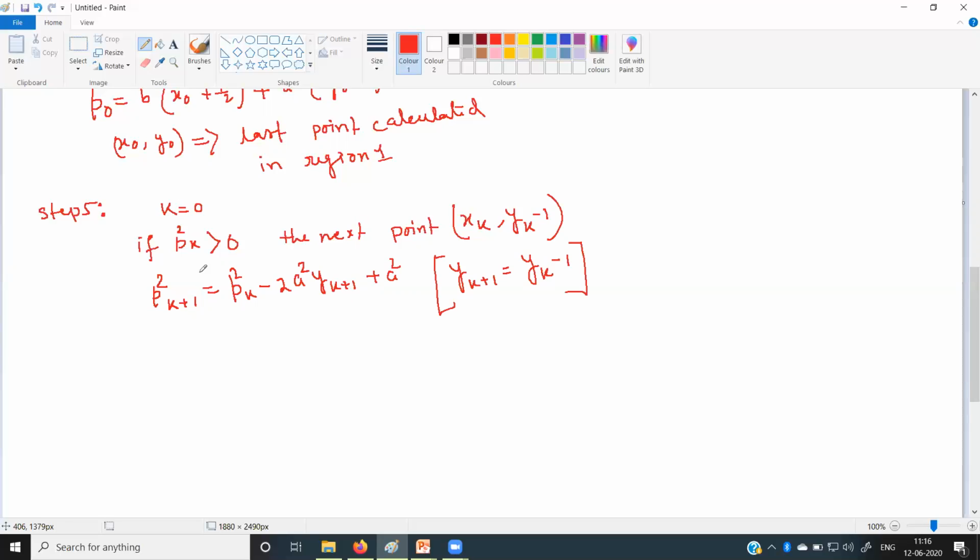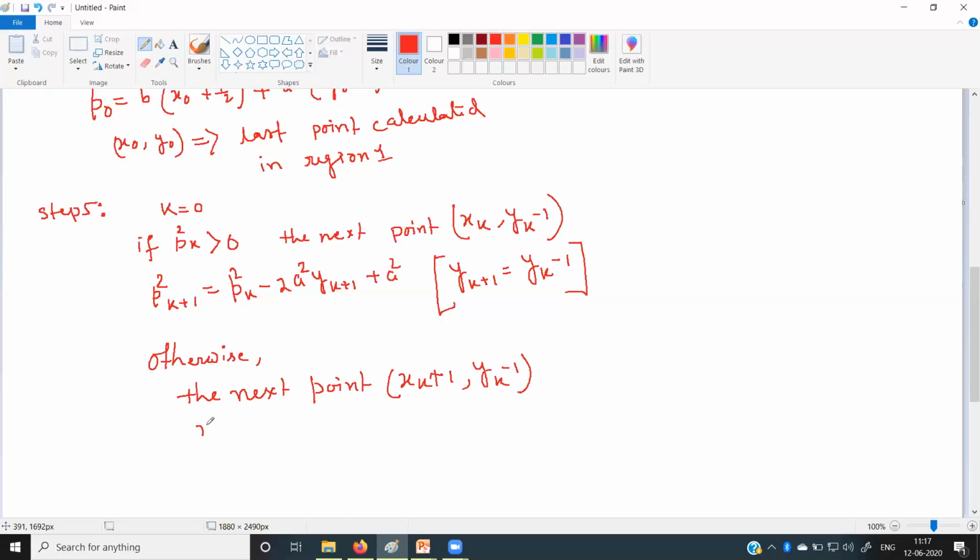If pk is greater than 0, otherwise, so instead of writing another if, you can write otherwise, the next point is x of k plus 1 comma y of k minus 1.